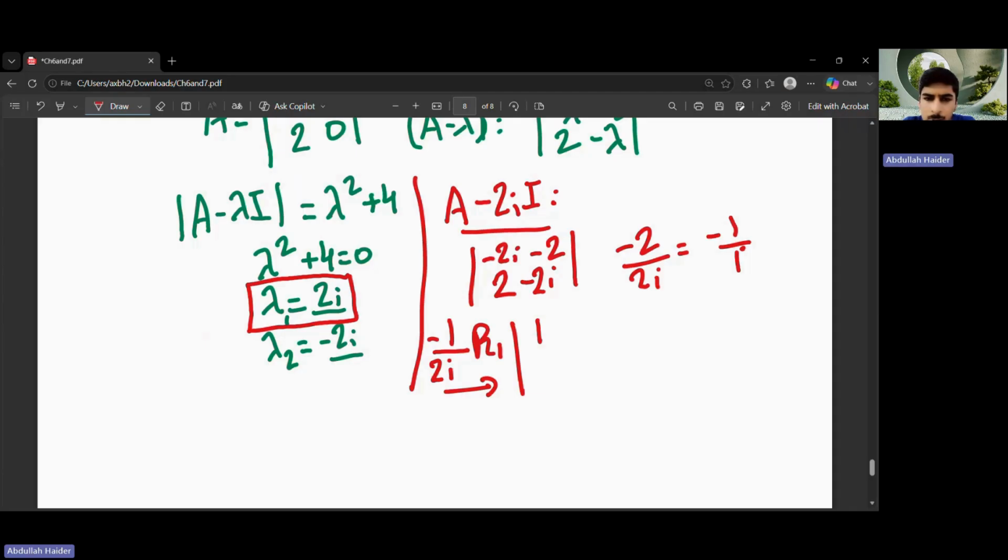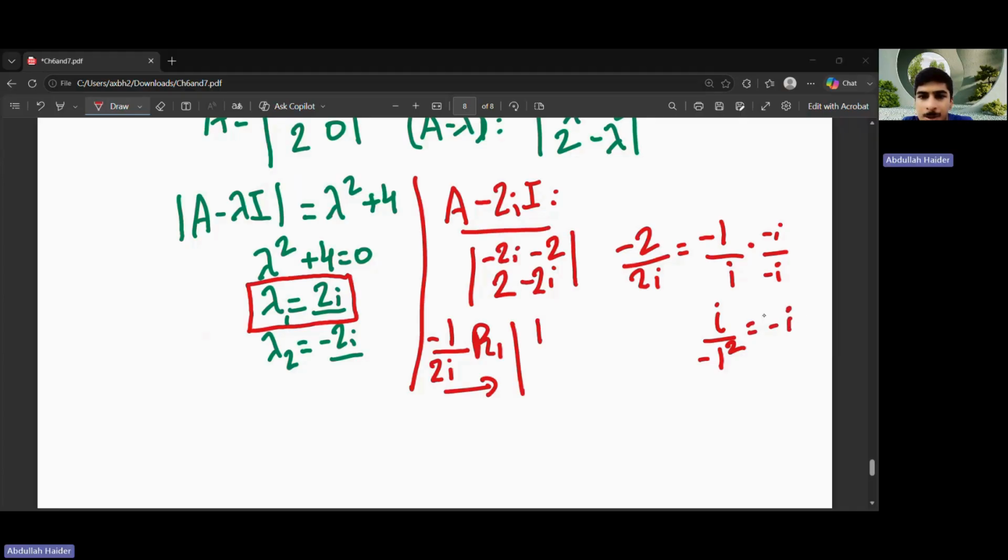How do you do this? I'm thinking. So you get minus 1 over i. If I multiply by the conjugate, minus i, I get i over minus 1 squared, which is minus i.